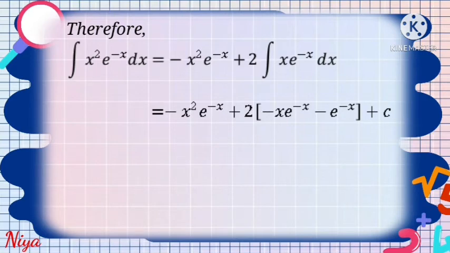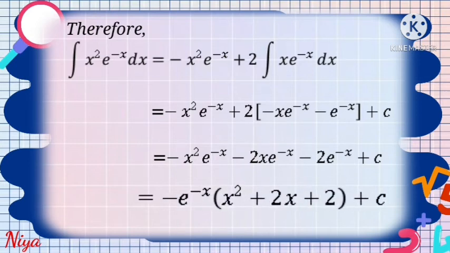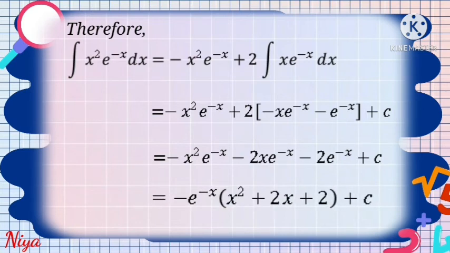Thus, we will obtain negative x squared times exponential power negative x plus 2 bracket negative x times exponential power negative x minus exponential power negative x, plus c. We will get negative x squared times exponential power negative x minus 2x times exponential power negative x minus 2 times exponential power negative x plus c. Since negative exponential power negative x is common, we will obtain negative exponential power negative x times bracket x squared plus 2x plus 2, plus c.